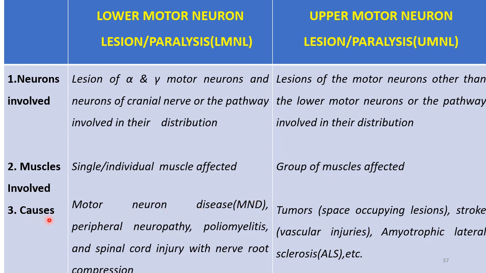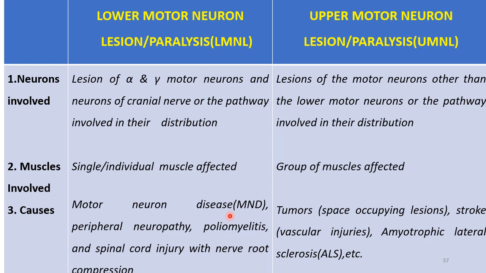Then, the causes of lower motor neuron lesion. What leads to the lesion? Any disease affecting the lower motor neurons, or any disease affecting the pathway or causing obstruction, any tumor, any disruption or injury due to trauma. So there are multiple causes. I'll give you a few, the important ones. Motor neuron disease. This is a group of diseases in which the motor neurons are affected.